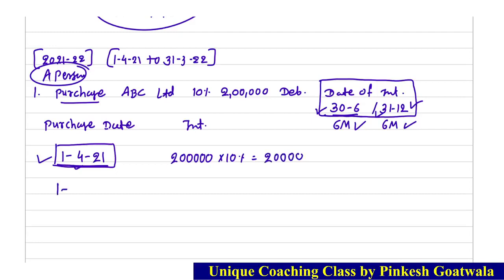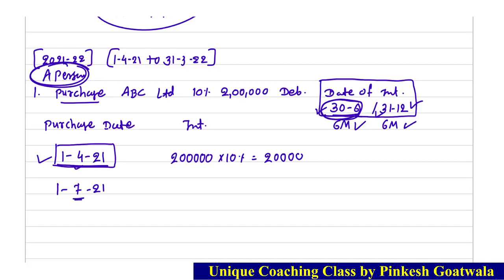Suppose he purchased the debenture on 1/7/21. Now tell me how much interest he earned. What is the date of interest? 30 June. On this date, is person A holding the debenture? No, not at all, because he purchased on 1st July.